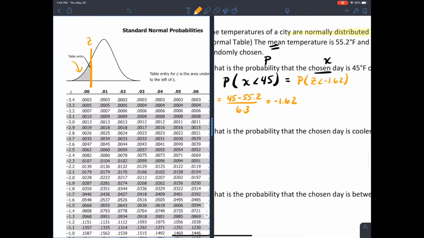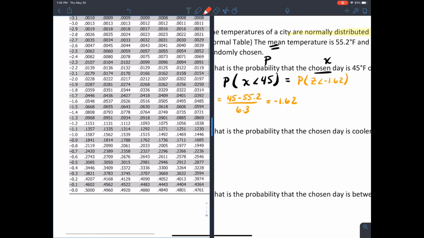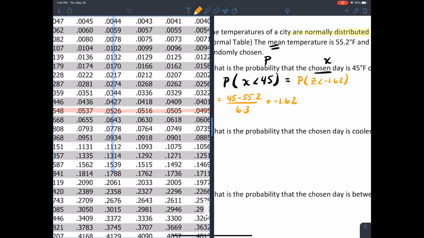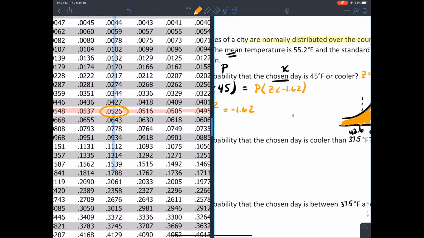On the left side, I find negative 1.6, so it's going to be one of these numbers. The last digit is a 2, so on top I find the 2 and see where they intersect. They intersect at this number here. So the area, or the probability, we can think of it as the same thing, is 0.0526, or you could write that as 5.26%.